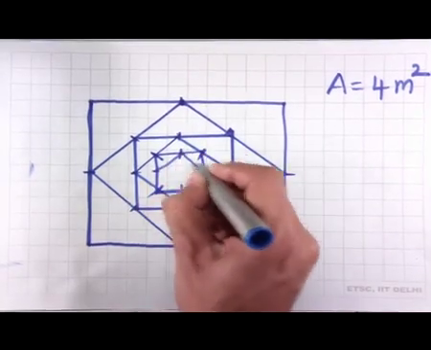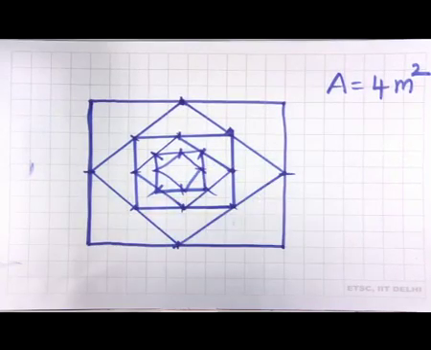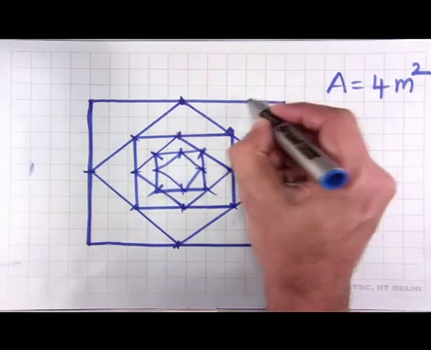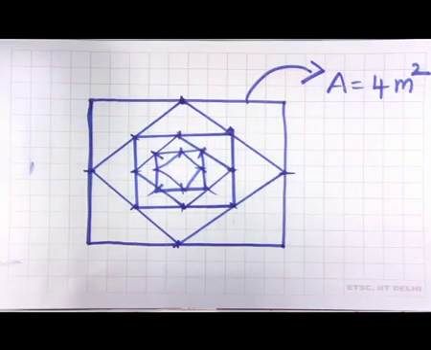This will be the 6th square in the pattern. You are asked to find the sum of areas of all the squares. The only thing given is that the area of the outermost square is 4 meter square.